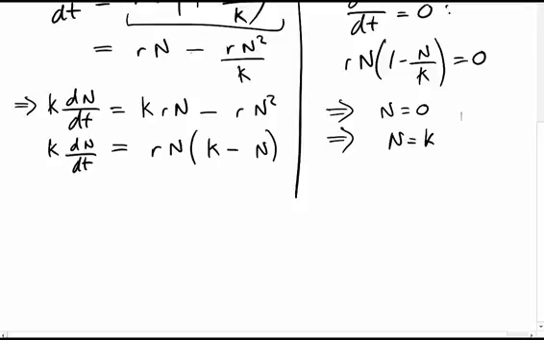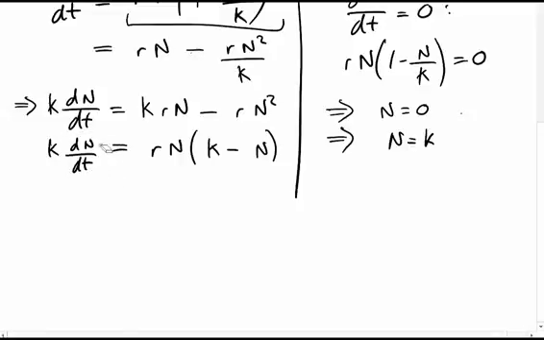The idea is that we look at this derivative, dn by dt, and we get everything which involves n, the numerator dn, on one side, and everything involving t, or a constant, on the other side, if possible.